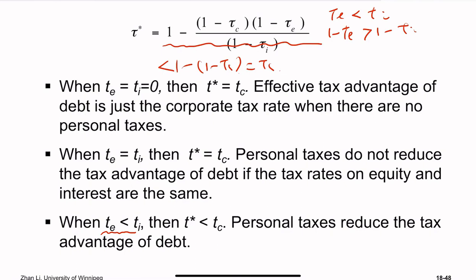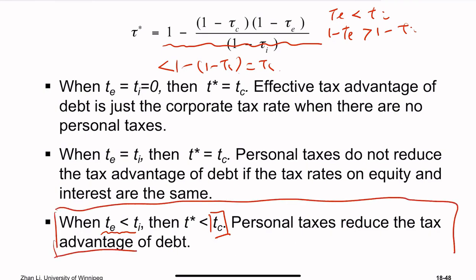Remember, what is TC? TC is the tax advantage of debt when there is no personal tax, or personal taxes are the same with respect to the equity income and the interest income. So the third case is the most important and the realistic case.